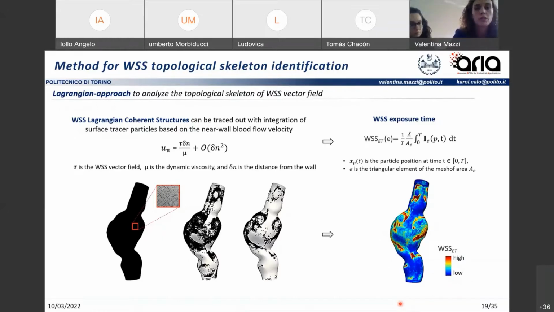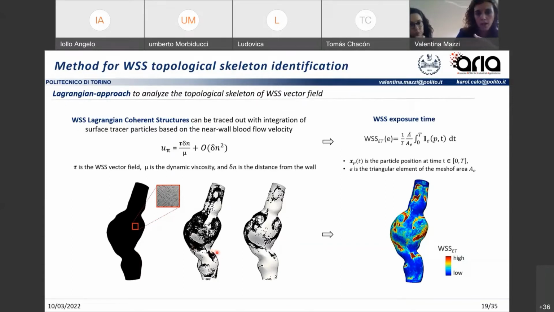Such a wall shear stress coherent structure can be traced out from numerical integration of particles based on the near-wall buffer velocity.